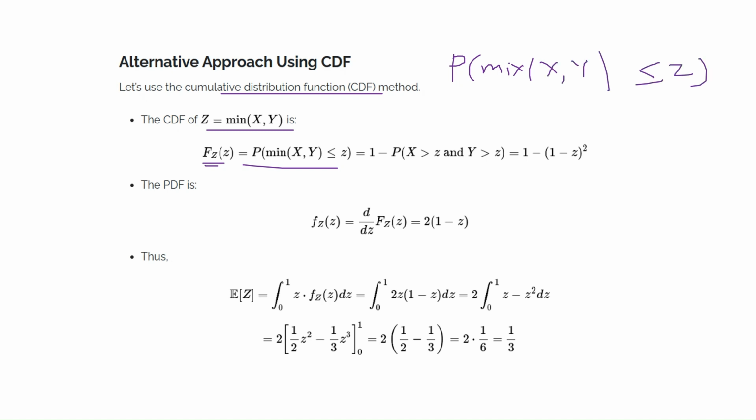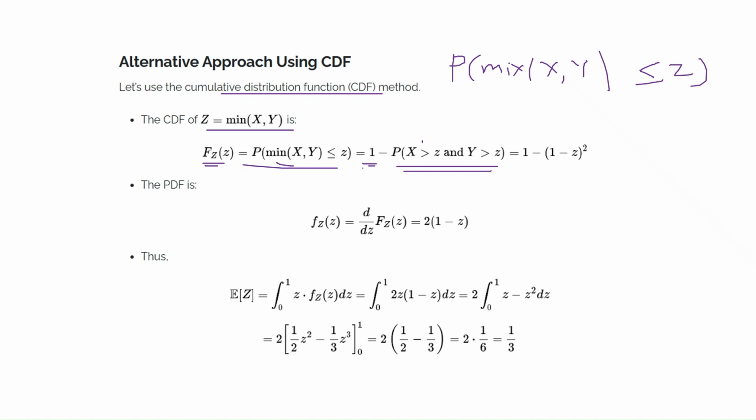Now, if the minimum of x and y is less than equal to z, it means at least one of x and y is less than equal to z, which means that we can write this as 1 minus the probability that both x and y are greater than z. So this is 1 minus probability that x greater than z and y greater than z.